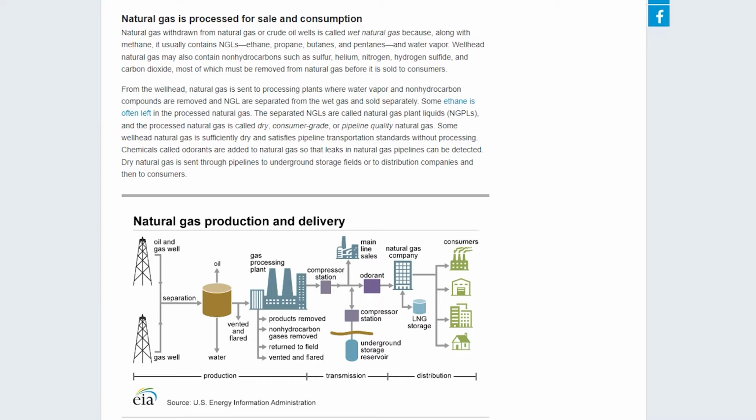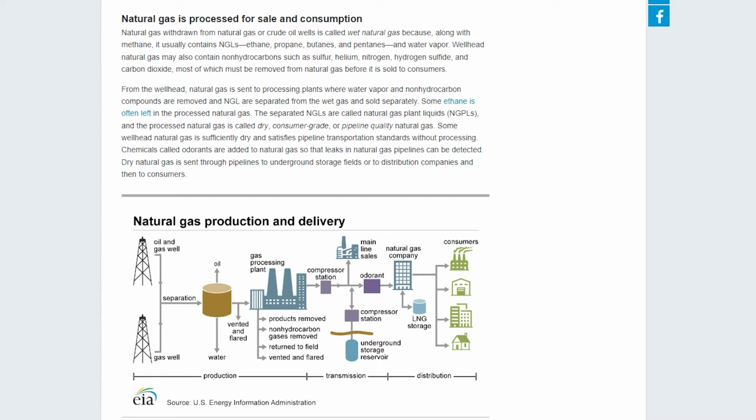This gas is referred to as shale gas or tight gas, and it's sometimes called unconventional natural gas. Natural gas also occurs with deposits of crude oil, and this natural gas is called associated natural gas.